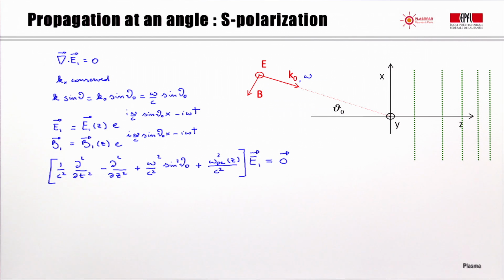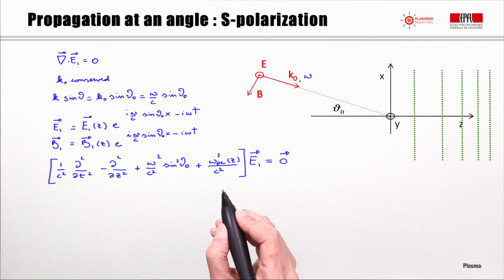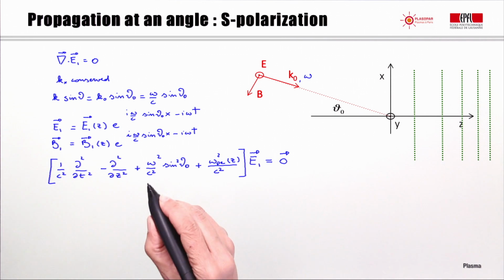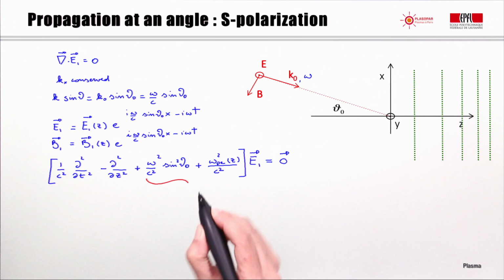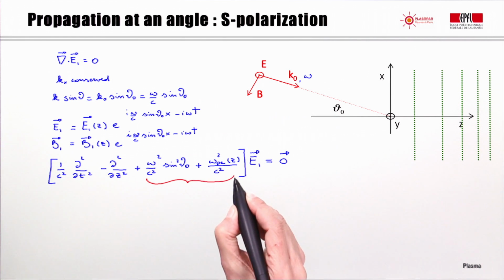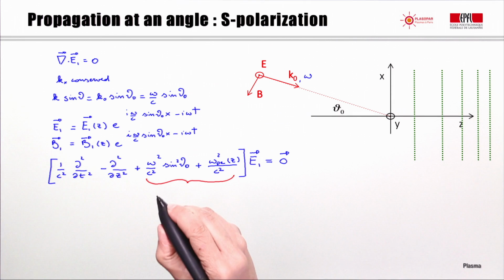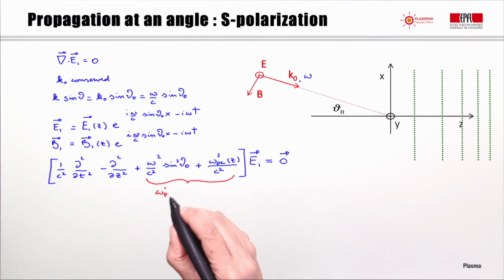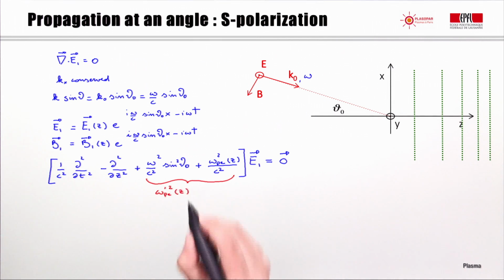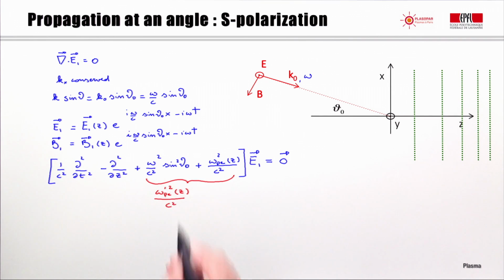Formally, this equation is the same one as we already had before, except that now, instead of having just this term that gives the function of z, I can say that this whole term is a function of z, and I can define an effective plasma frequency, so that formally I have the same equation as before. The solution of this equation in the WKB approximation will be the same as before.